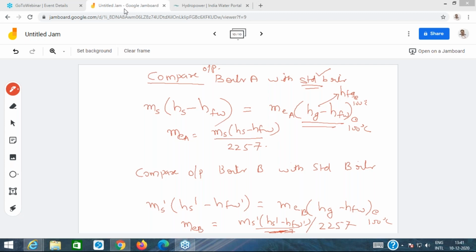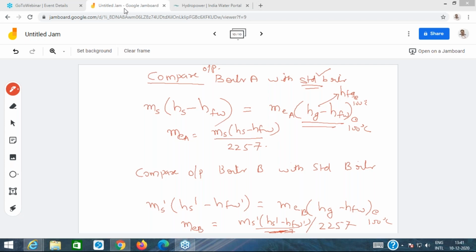So what is equivalent evaporation? Equivalent evaporation is the equivalent rate at which a boiler would generate steam when the boiler is made to operate at standard conditions. What are the standard conditions?